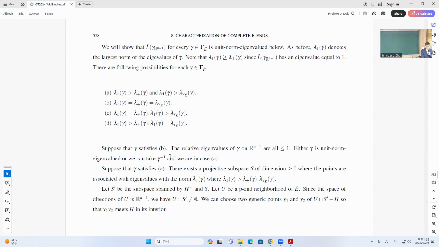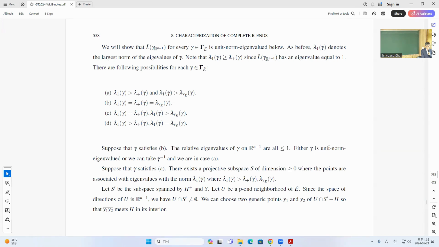So if we satisfy B, then all the eigenvalues are actually less than or equal to 1. Relative eigenvalues are less than or equal to 1, because lambda plus is the biggest eigenvalue.